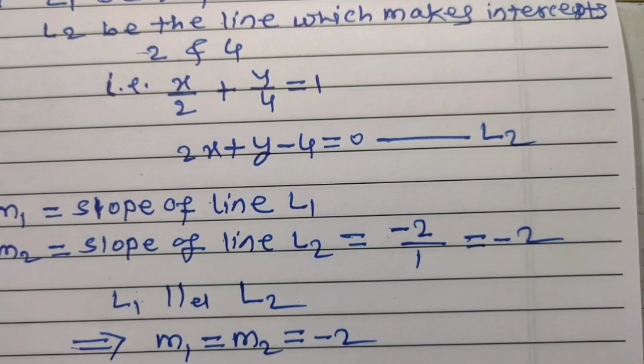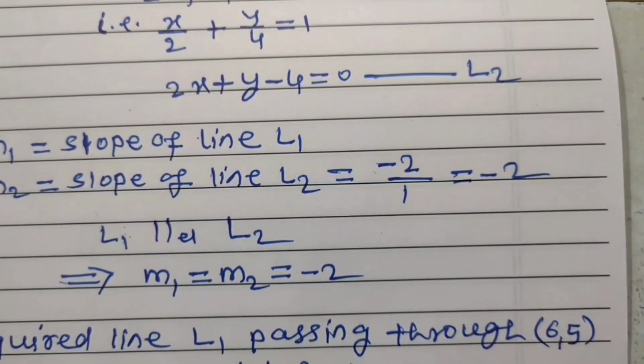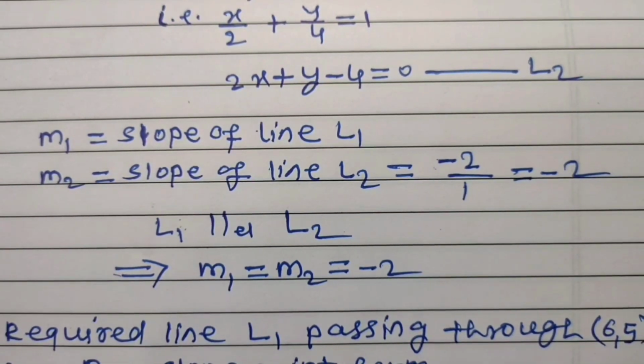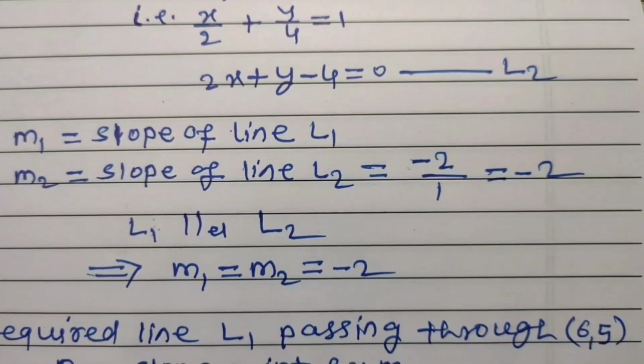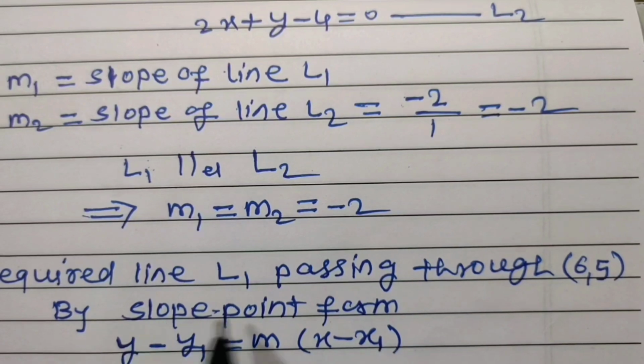So, the slope of the required line is minus 2 and the point lying on the straight line is also given, means the required line passes through the point 6, 5. Hence, one point lying on the line and its slope we have obtained. So, using slope point form, which is given by y minus y1 is equal to m into x minus x1, but here m is nothing but m1.